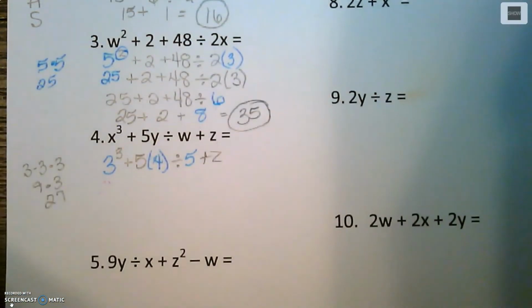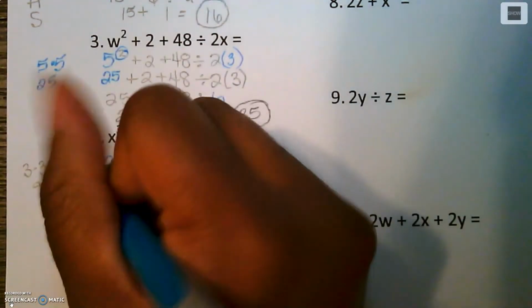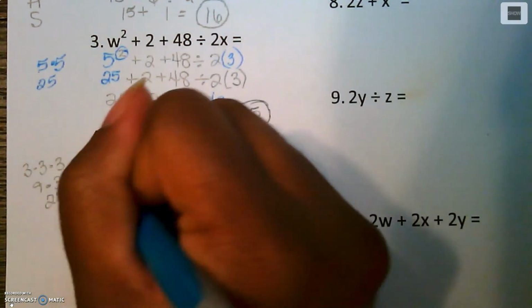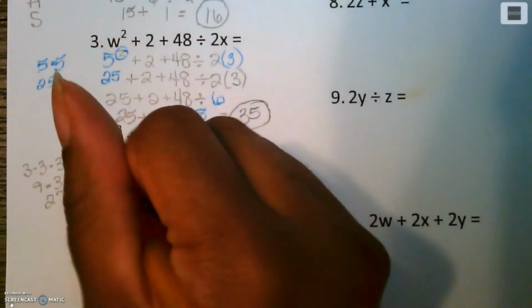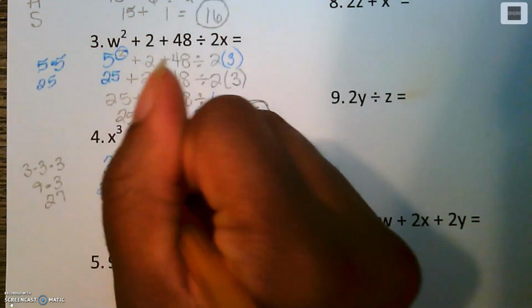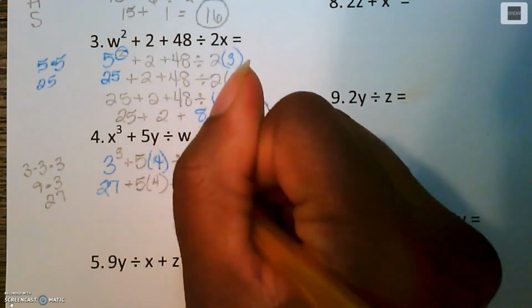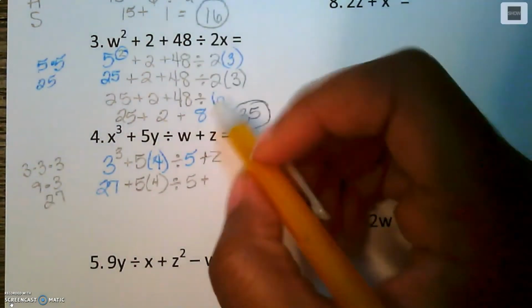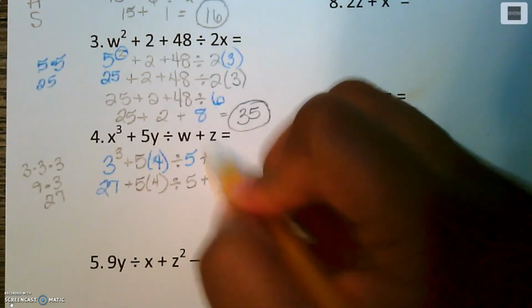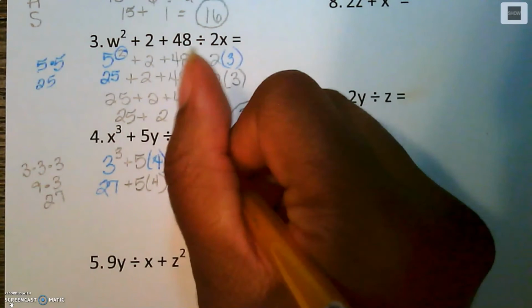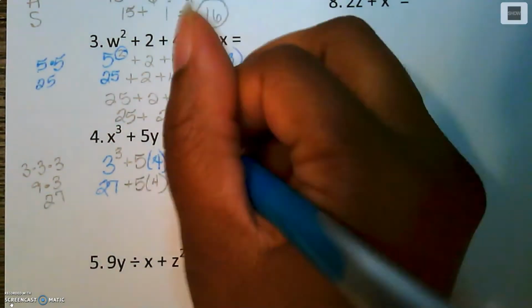Try to use a different color. Alright, 27 plus 5 times 4 divided by 5 plus, oh, forgot I was supposed to replace z. Z is 8.